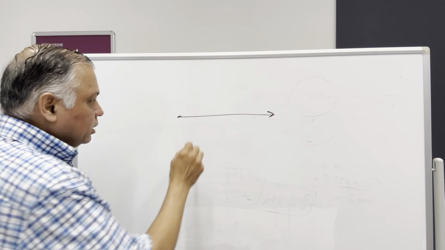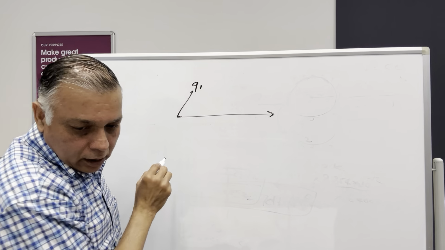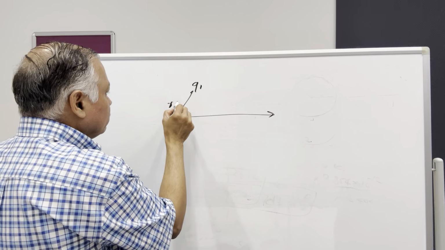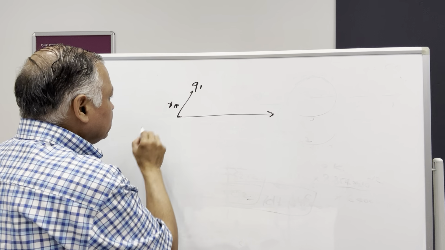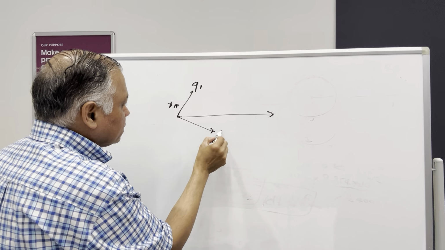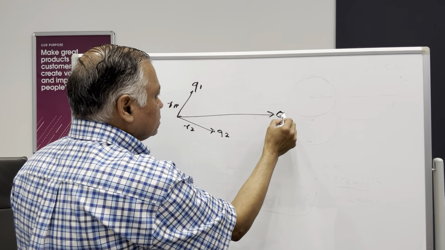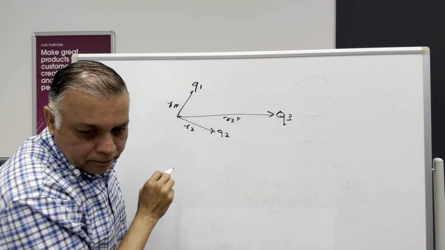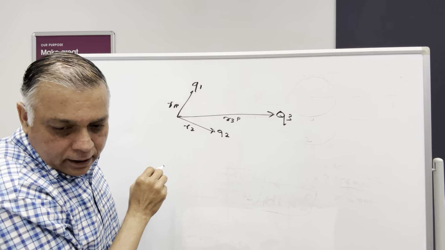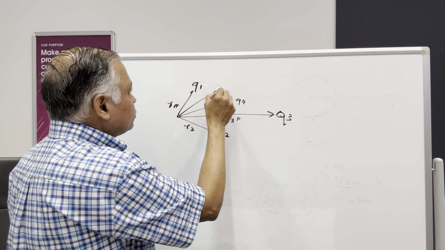So let's say this is charge q1 and this is radius r1p. Let's say there is another charge q2, this is r2. Let's say this is charge q3, this is r3p. And let's say this is q4, and this is q5.